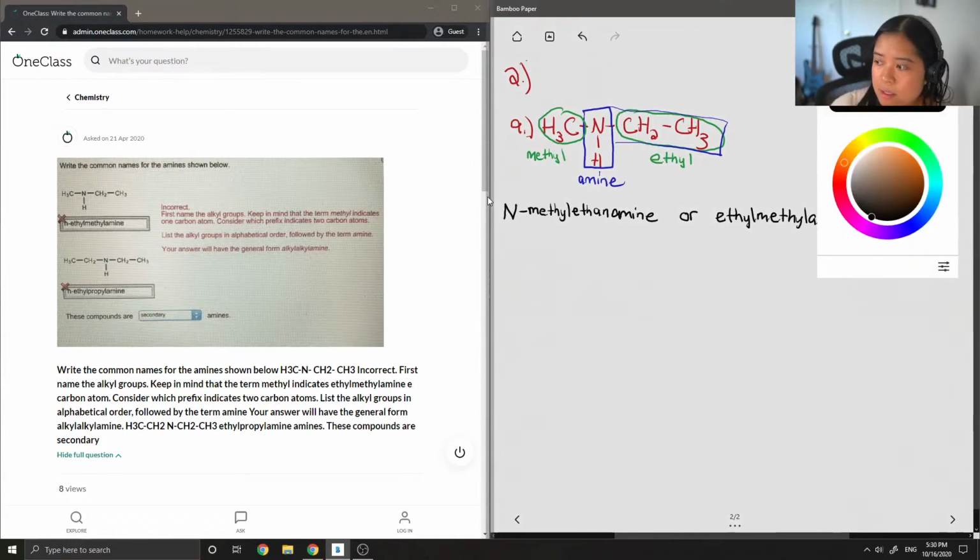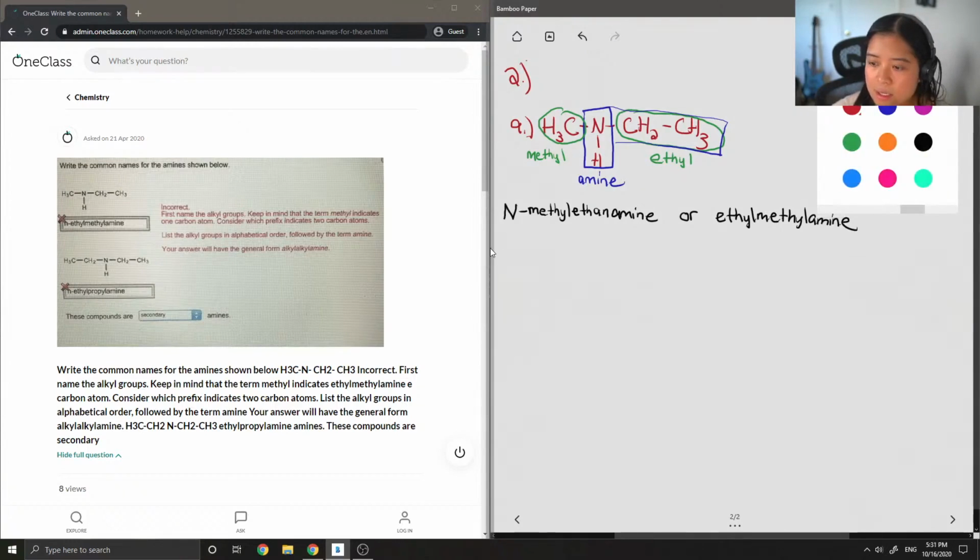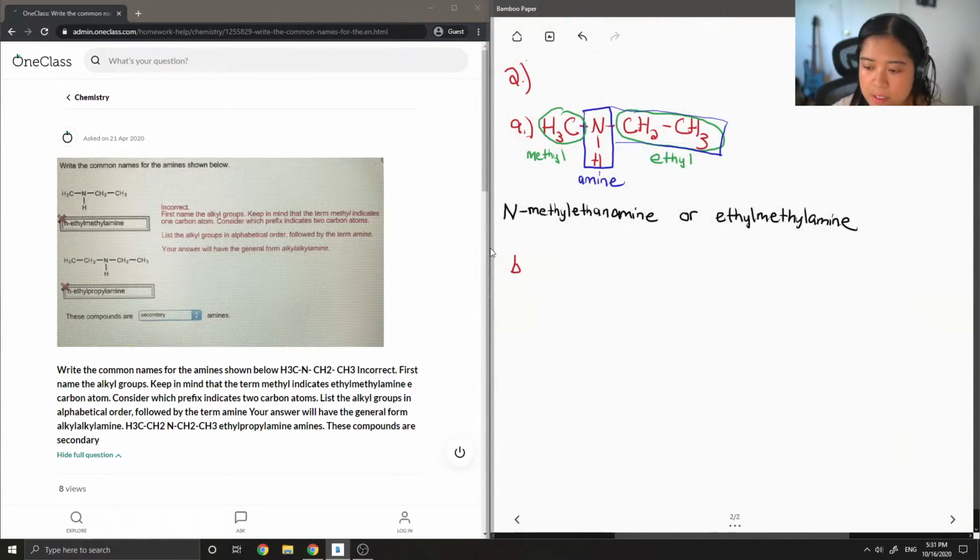So let's practice this concept and look at the second part of the question. So it's a similar thing. You have H3C-CH2, and then your amine in the middle, CH2, CH3.